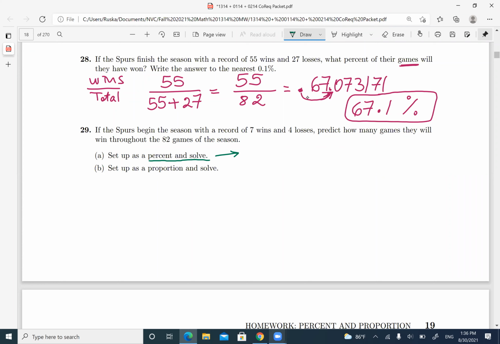So what is the percent? So if they have 7 wins, they begin the season of 7 wins and 4 losses. So it's going to be 7 plus 4, which is out of 11. That's how you get the percent. So far the winning is 7 out of 11, which is 63.6%.